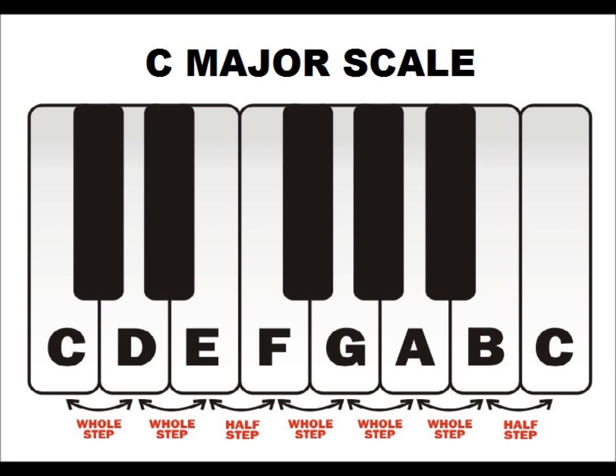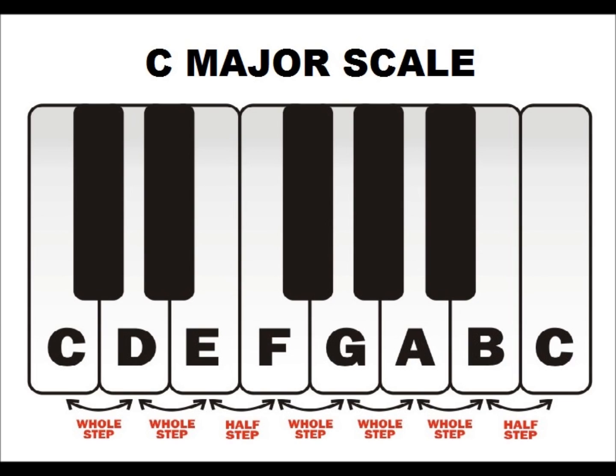Let's start with the major scale. A major scale consists of 8 notes arranged in a pattern of whole steps and half steps. To construct a major scale, start with the name of the scale. This is also called the root.